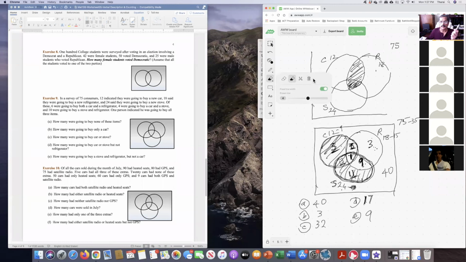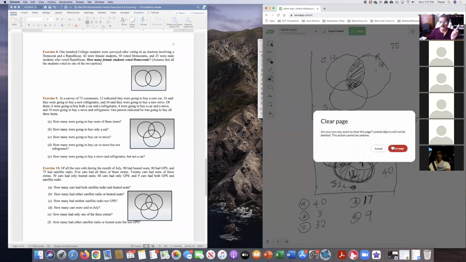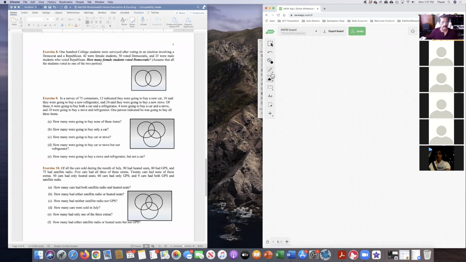All right, now I'm going to do as much as I can on the next problem. We have done everything we need to, but this will be helpful if I do it. So let's do number 10. The cars sold in a certain month, they're comparing the properties of these cars. So let's put that on the Venn diagram.